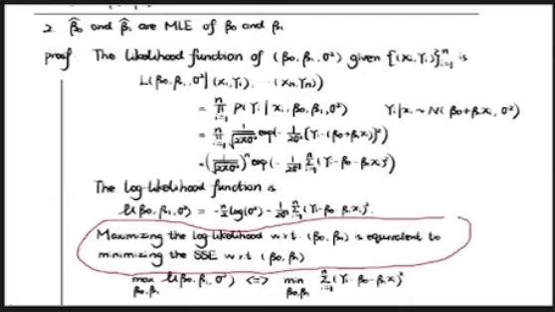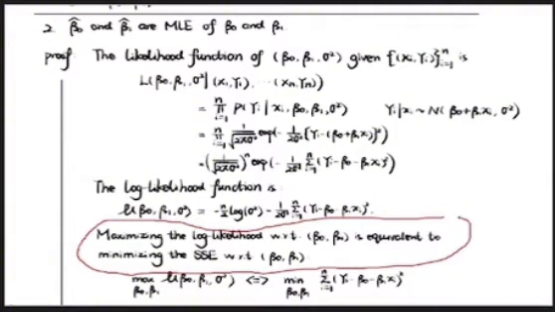I said, maximizing the log of likelihood with respect to beta naught and beta 1 is equivalent to minimizing the sum of square error with respect to beta naught and beta 1. When you are minimizing the sum of square error with respect to beta naught and beta 1, you are using the method of least square. When you are maximizing the likelihood with respect to beta naught and beta 1, you are actually using the method of maximum likelihood.